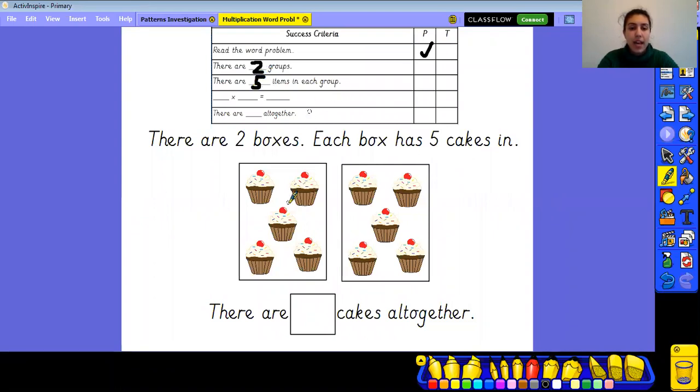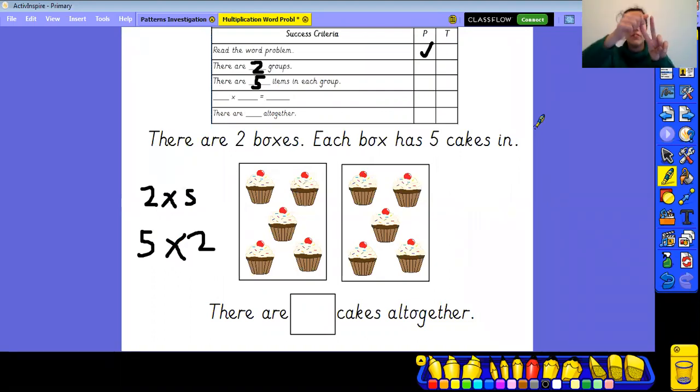Remember, I could say that there are 2 groups of 5, or I could say that I've got 5 2 times, whichever way round you want to write it. Either way, I'm doing 2 groups of 5 or 5 2 times. So I show my 2 groups and I count 5, 10. So that means there are 10 cakes all together.